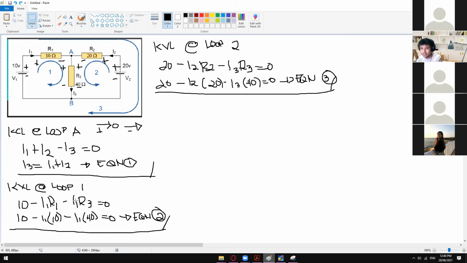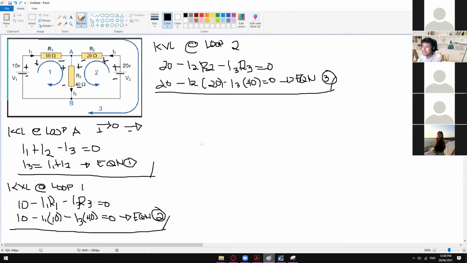So let me just change this one into I3. In the equation number 2, we have two missing unknowns, the I1 and then the I3. And for the equation number 3, we have two unknowns also, which is the I2 and then the I3.